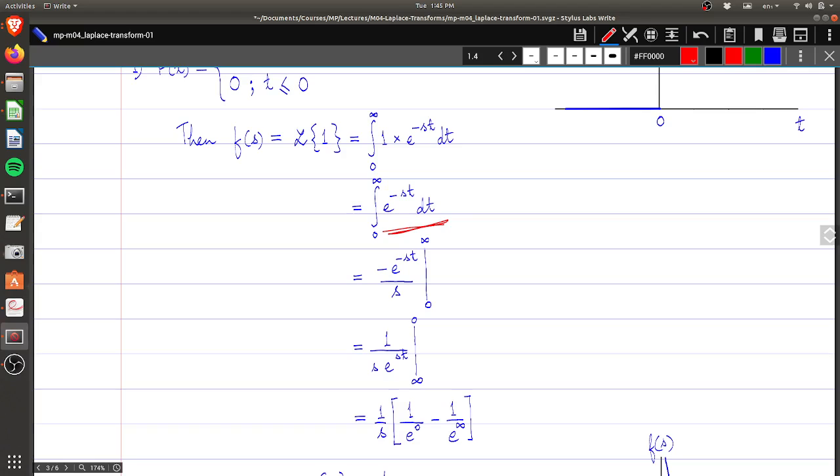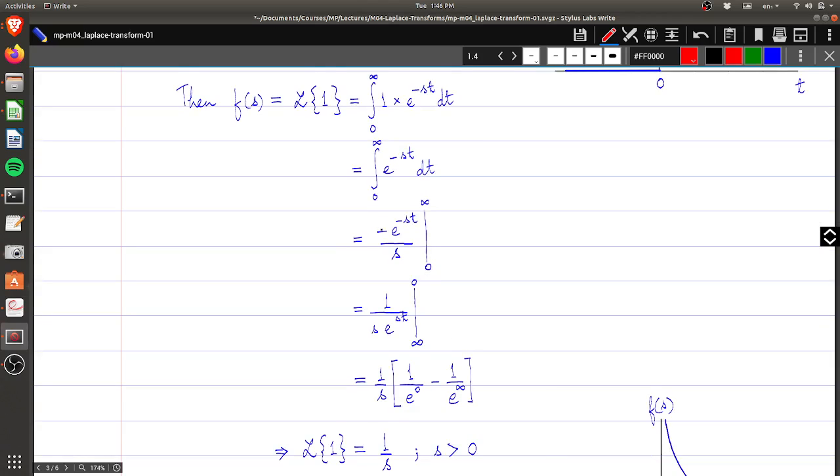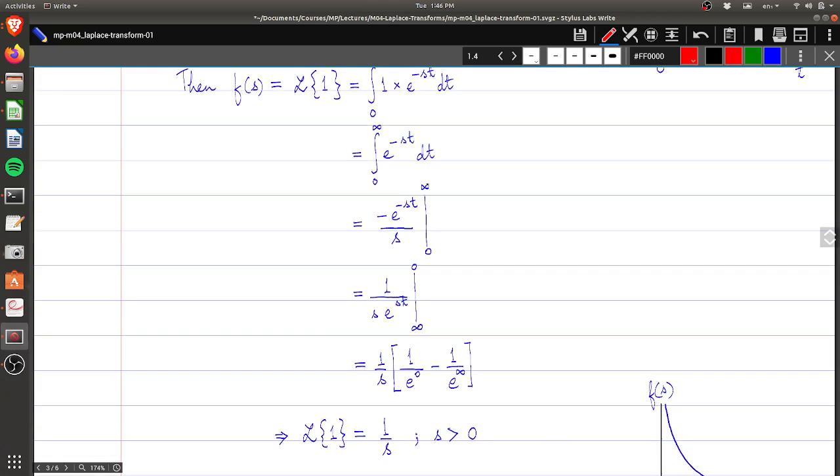Now the integration of this we already know, it is minus e to the power minus st by s. Once you know the result of this integration, you have to just put in the lower limit and the upper limit. Because we have a minus sign here, I could get rid of it by swapping the limits, the upper limit and the lower limit, which absorbs the minus sign.